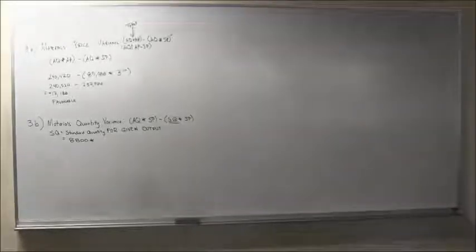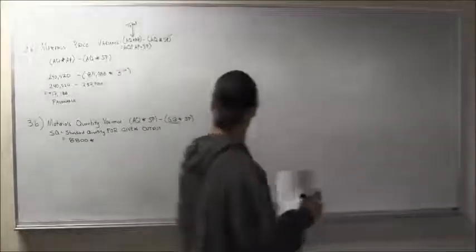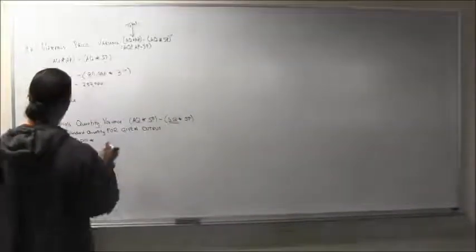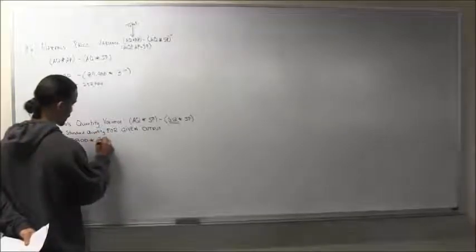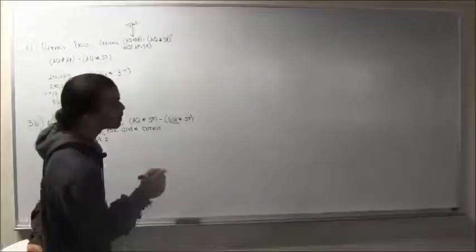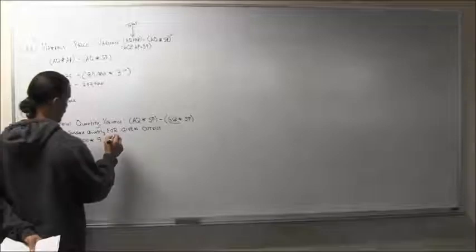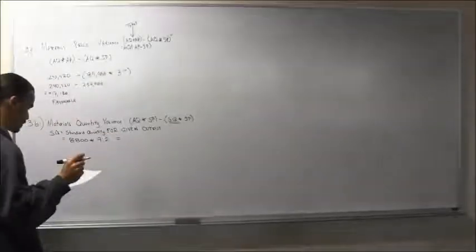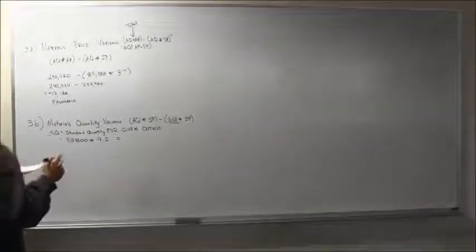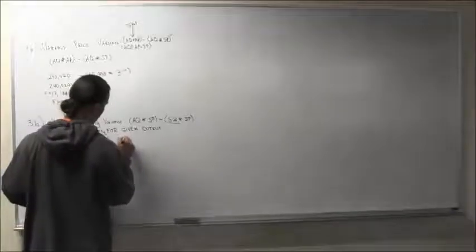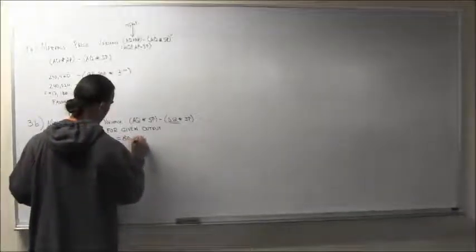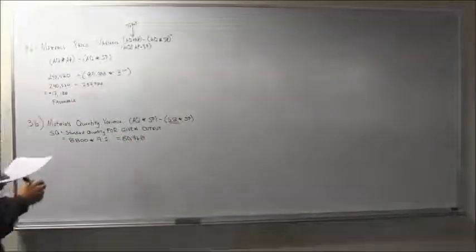We made 8,800 units. We should use 9.2 pounds per unit. So that means we should be using how many pounds in this production? 8,800 times 9.2 is 80,960.